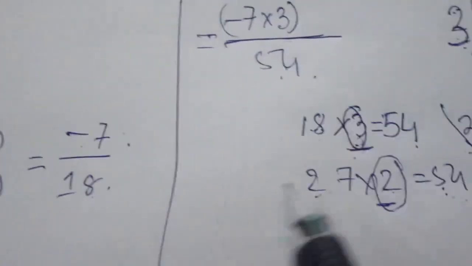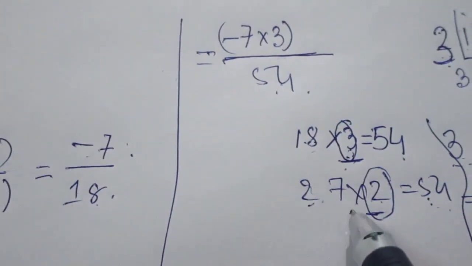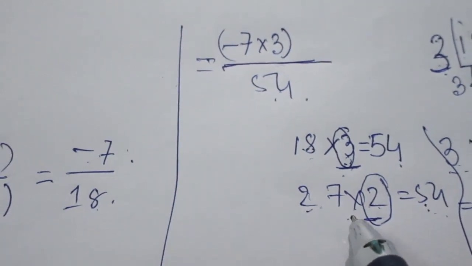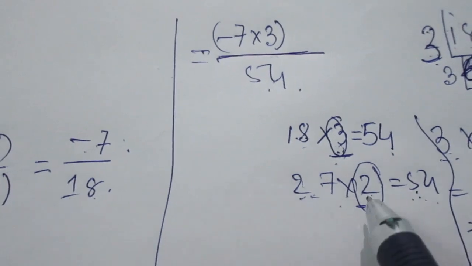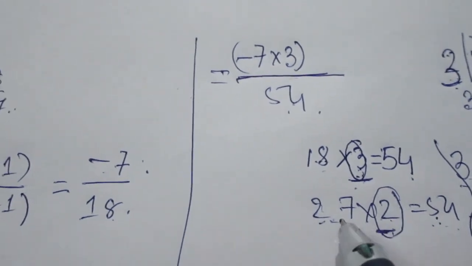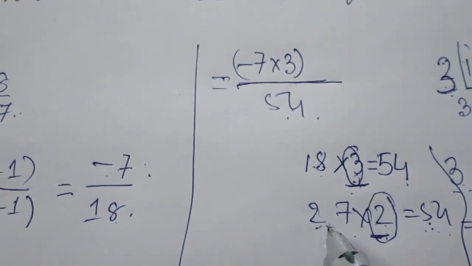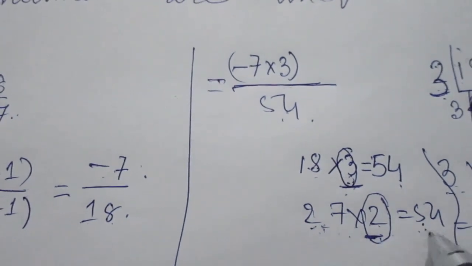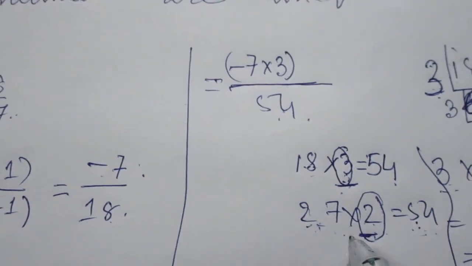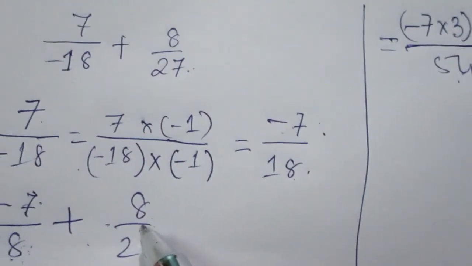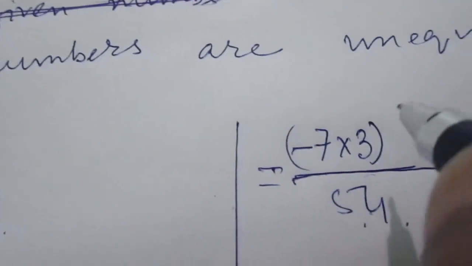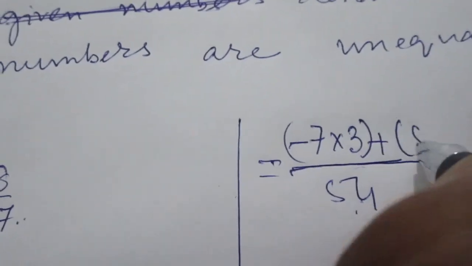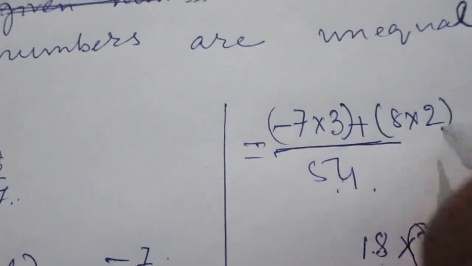So we take this denominator and find by what number we multiply it to give 54. If we multiply 27 with 2, it will give me 54. So I have to use this number 2 to multiply its numerator. What is this numerator? It is 8. So plus 8 into 2.